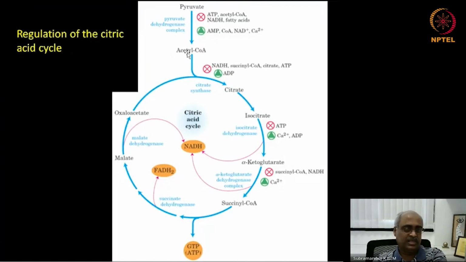The key enzymes, in this case, this is like a committed step, and this is also rate limiting step. This is the slowest. The first decarboxylation step, the pyruvate dehydrogenase step, is the slowest. And such an enzyme is subject to feedback inhibition, allosteric inhibition by the end products.